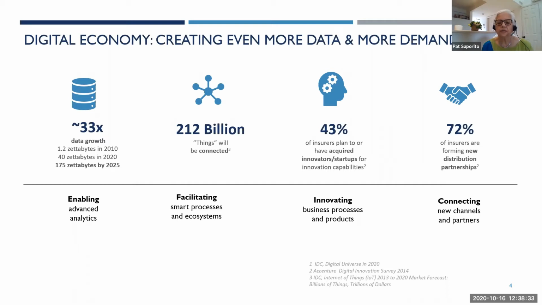As we continue on to the right, bringing this more specifically to insurance, 43% of insurers plan to or have acquired innovators or startups. So I shared a little bit of my experience with the Global Insurance Accelerator, and there are obviously a number of those kinds of programs, both for insurance and related industry-related areas.